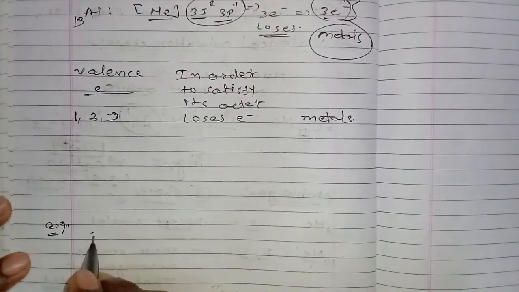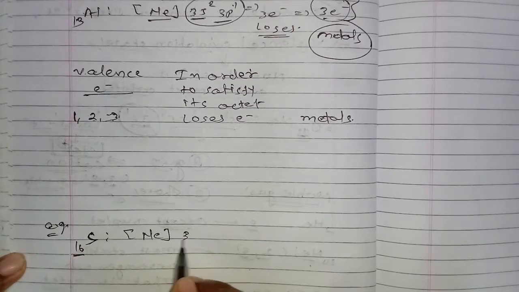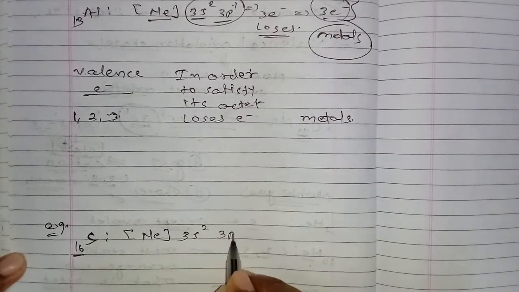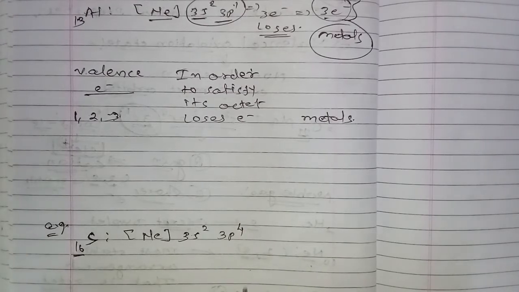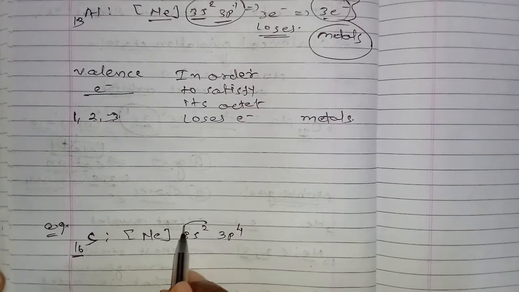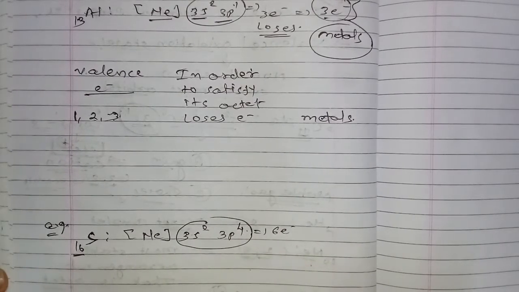For another example, sulfur, atomic number 16. Now its electronic configuration will be neon 3s2 3p4. In the outermost shell there are 2 plus 4, 6 electrons.